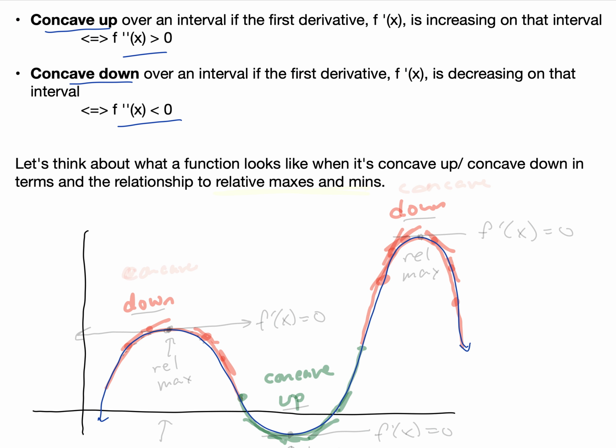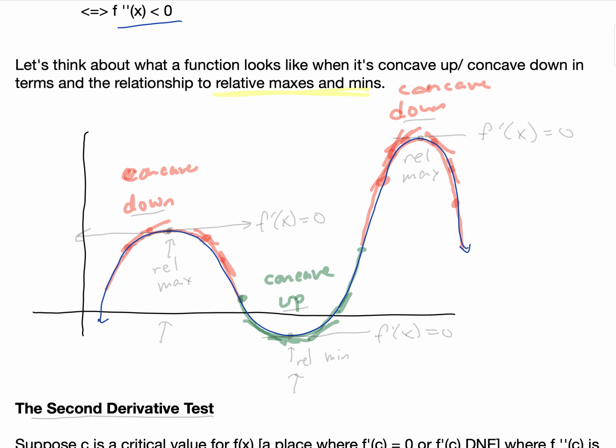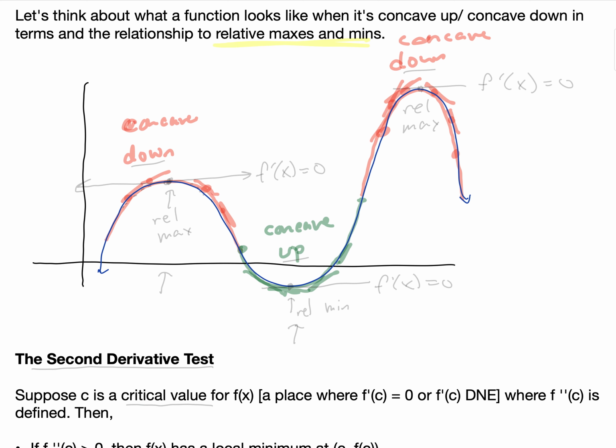So let's think about that in relationship to relative maxes and mins. What's happening with relative maxes and mins when we're concave up or concave down? Well, we see that in this particular example, we have a relative max here.